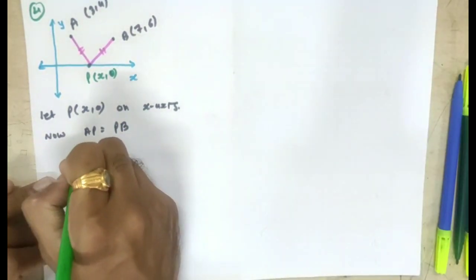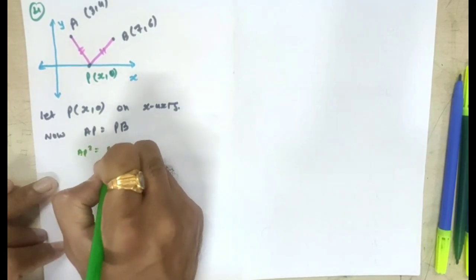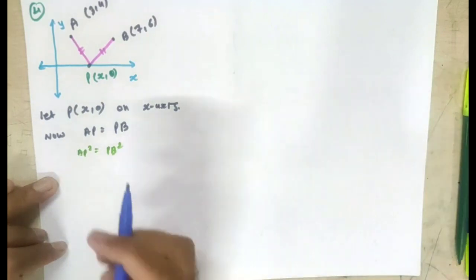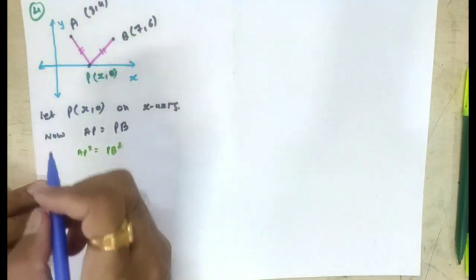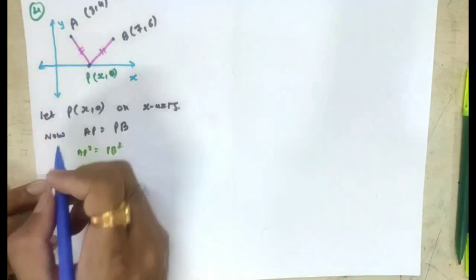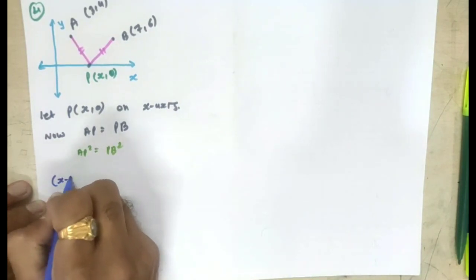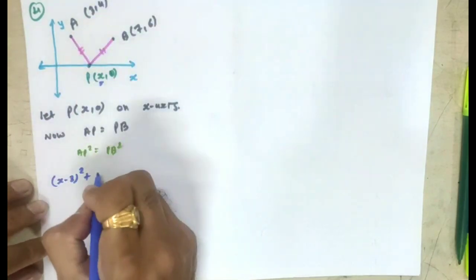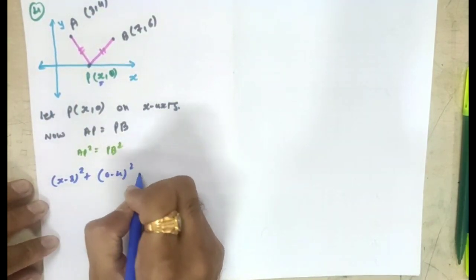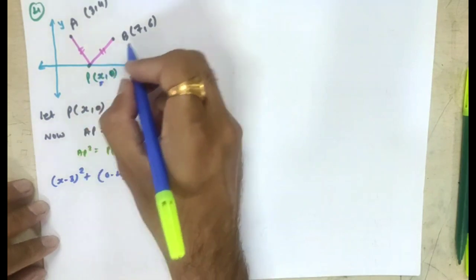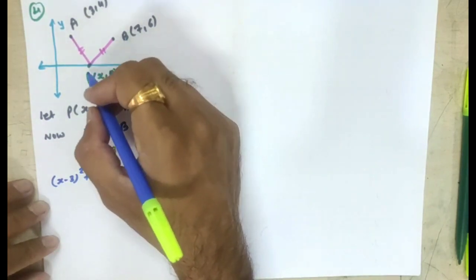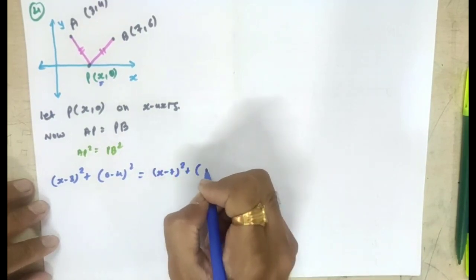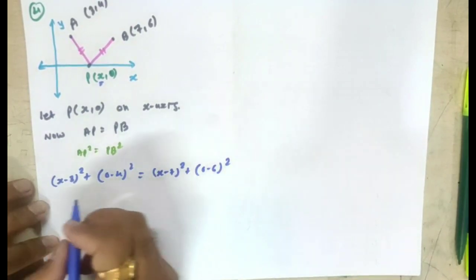Now taking squares, AP square equal to PB square, to remove the magnitude, the mod sign, we squared. So what is the AP distance? By the distance formula, (x minus 3) whole square plus (0 minus 4) whole square. This is equal to, now the distance between this point P and B, (x minus 7) whole square plus (0 minus 6) whole square.